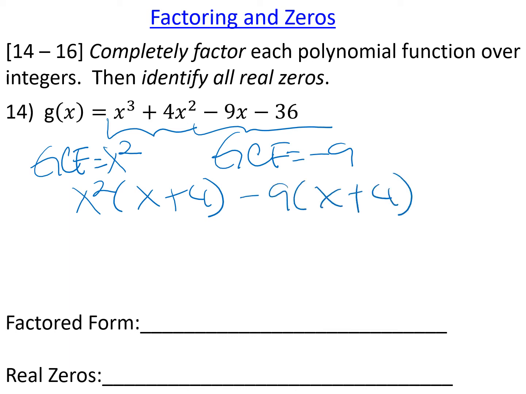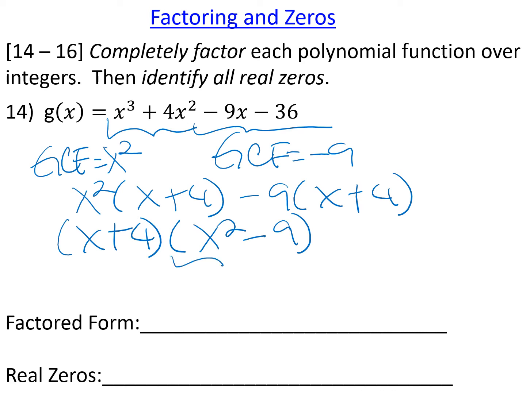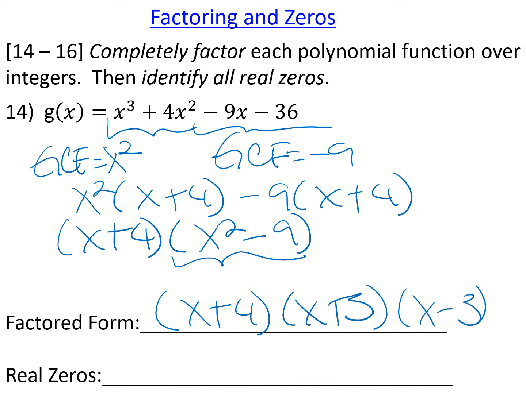My GCF now is x plus 4, and my remaining parts are x squared and minus 9. Then when I factor this difference of 2 squares, I get (x plus 4) times (x plus 3)(x minus 3). Okay, let me fix that little thing in there.